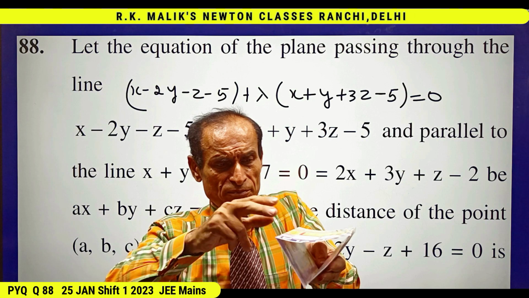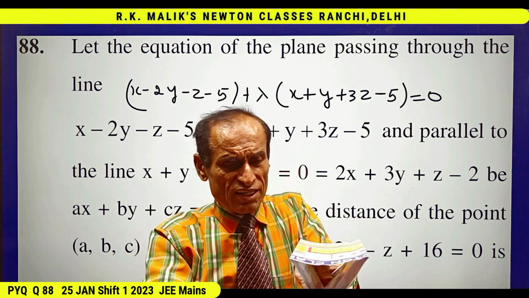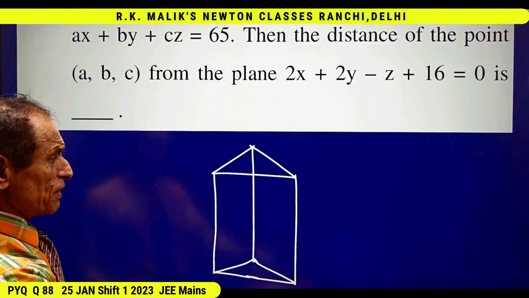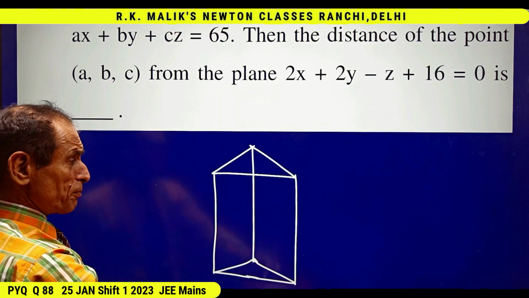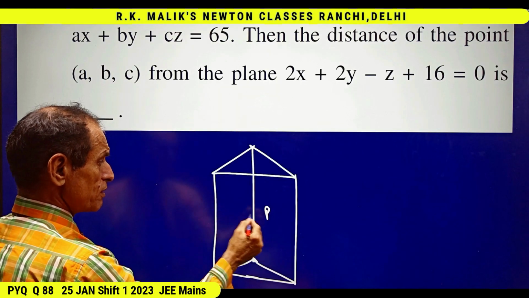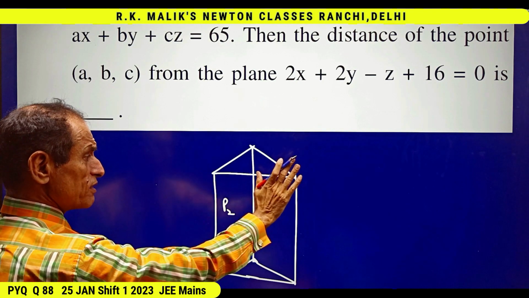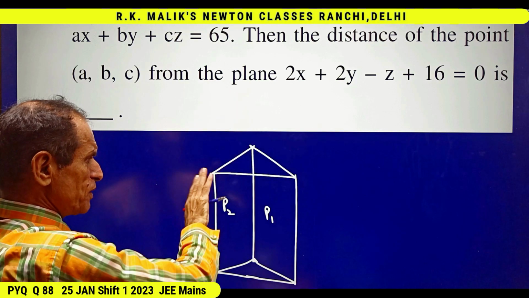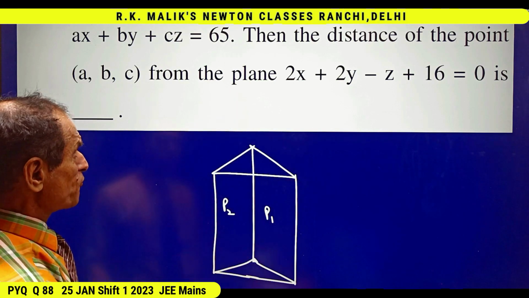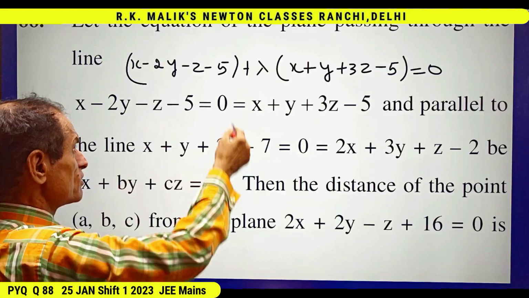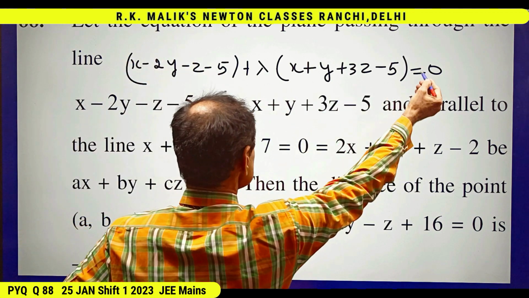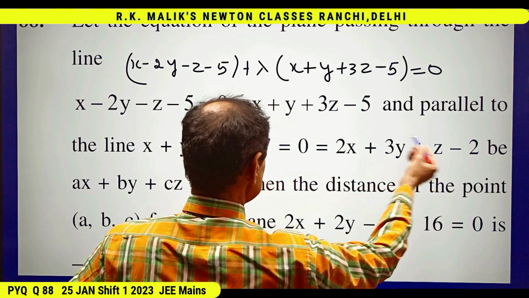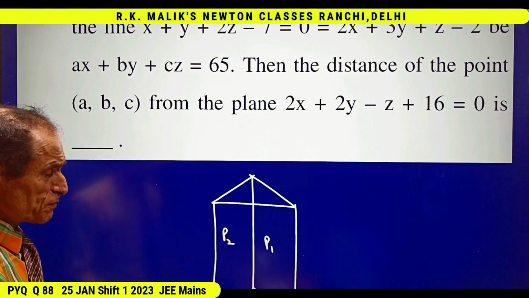That is, these lines are parallel to each other, so these three planes are forming this type of prism, P1, P2 and this plane. This plane and this plane are forming a prism.